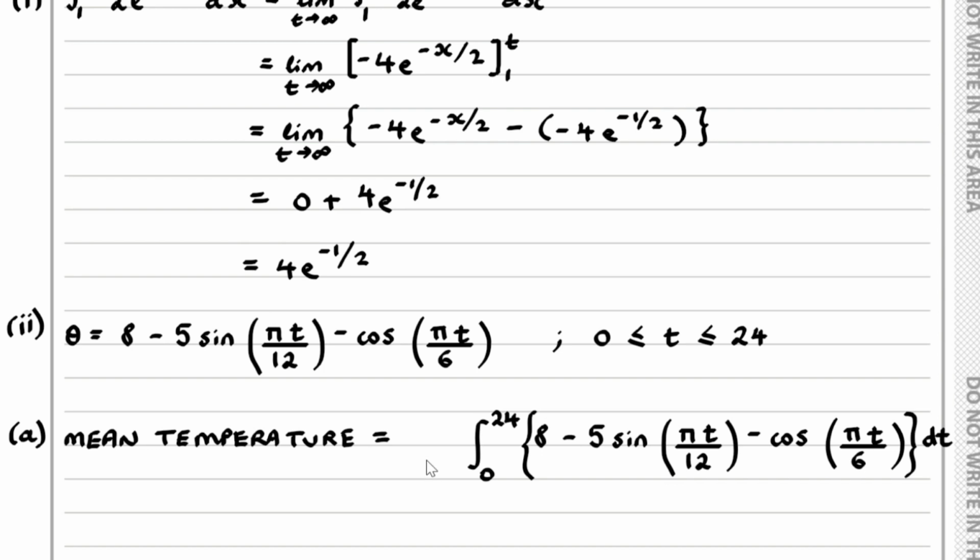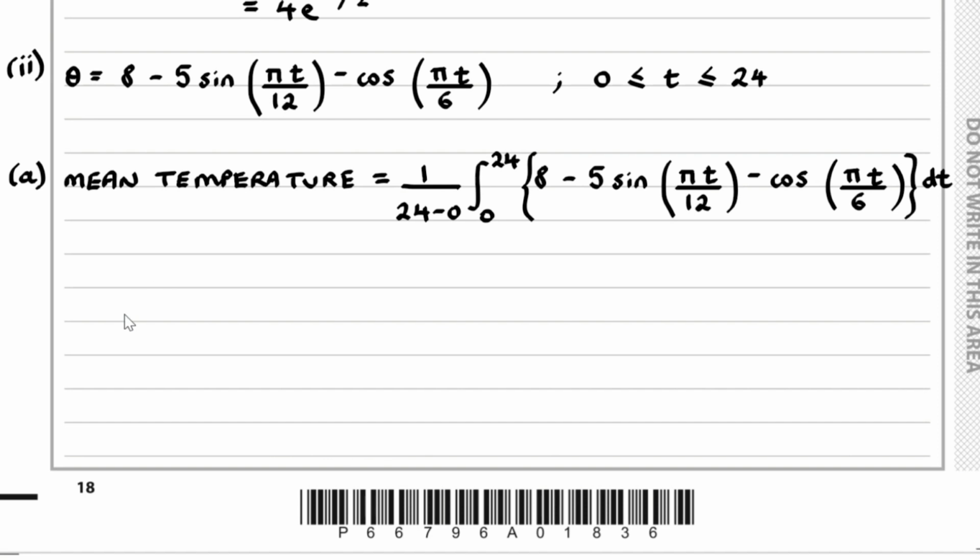And because we are finding the mean temperature, we need to multiply this by 1 over 24 minus 0. So if we continue to work all of this out, well, we still have the 1 over 24.